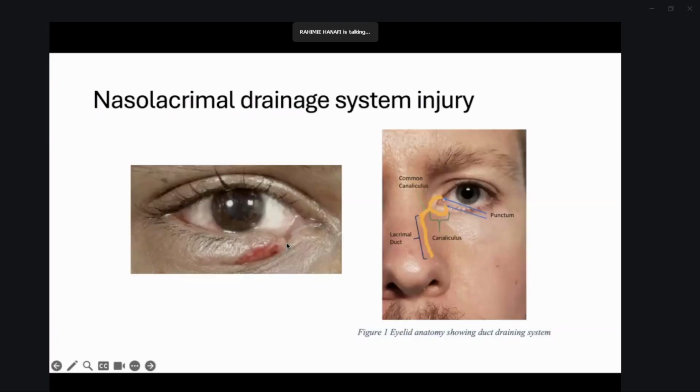I have one experience regarding a very small cut at the lower part of the canaliculi. A boy was playing football and suddenly fell at the edge of a fence, so he hit the wire of the fence. There was minimal bleeding, so he went to the GP at that time.